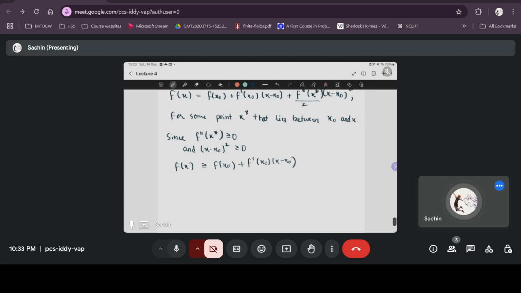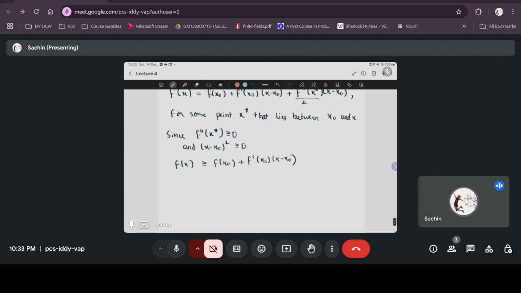So now what we do is we take x0 to be equal to lambda x1 plus 1 minus lambda x2, and we evaluate the function at x1 and x2.